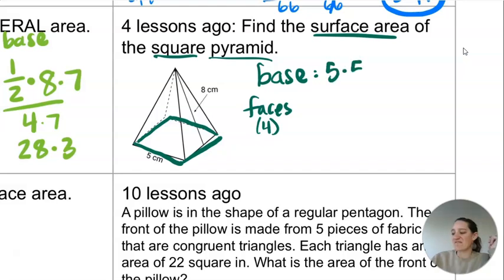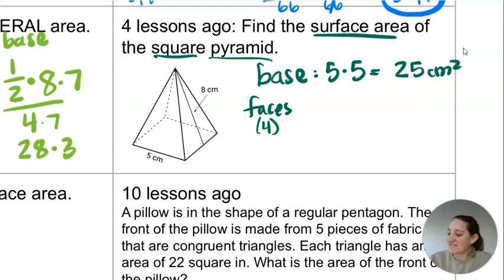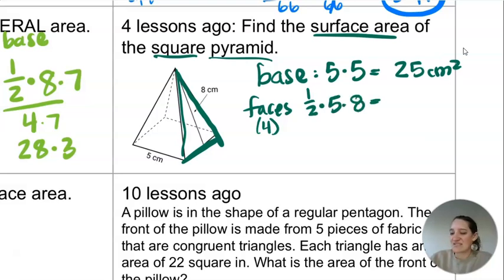So my base will be 5. That means my height will also be 5. So I have 25 centimeters squared for the base. Now my faces are triangles. So I'm going to make sure I do the 1/2 times base times height. Half of 8 is 4 times 5 is 20.